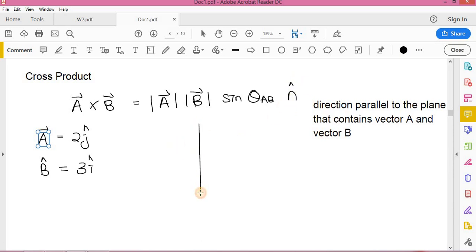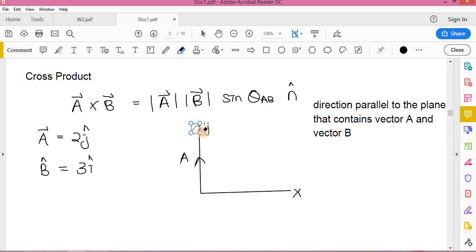So we will use a 2D coordinate system. A is 2J, so this one is your A. No, for this case, I think I have to show you using 3D.